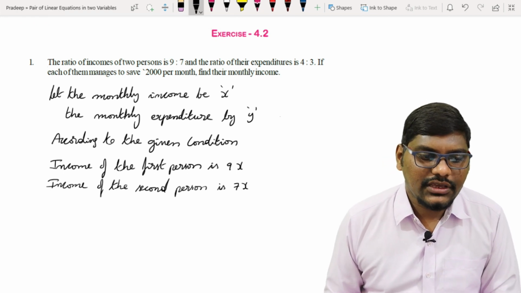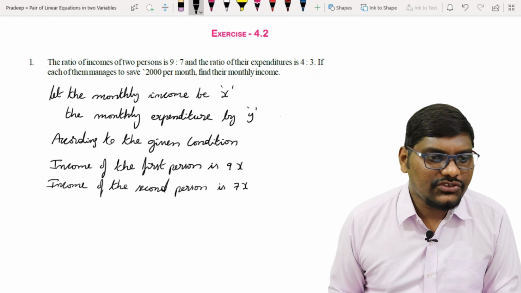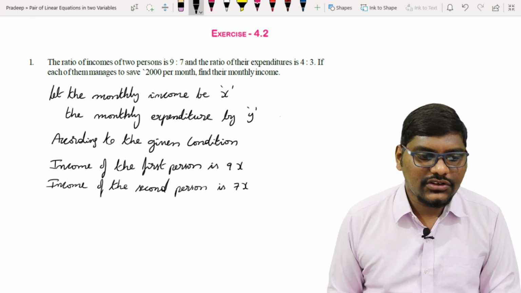We'll write the same thing for the expenditure also. So what is the second condition?